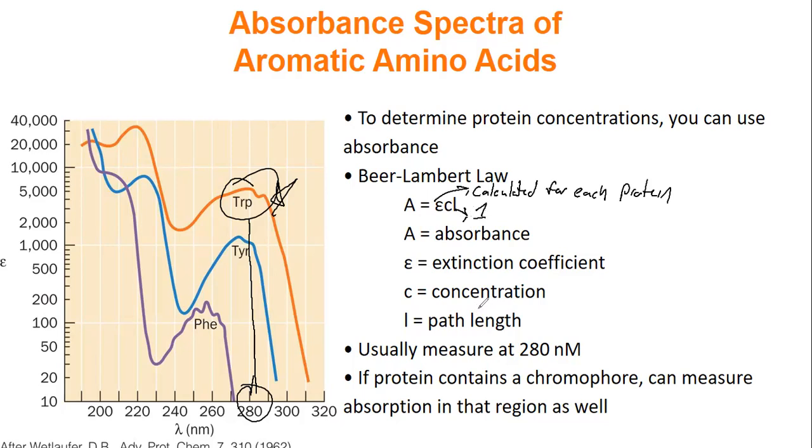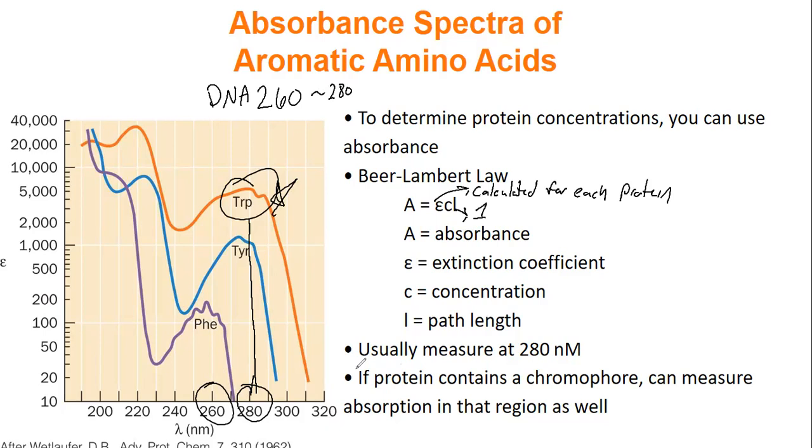Another complication with this method is that DNA absorbs at 260 and can also absorb a little bit at 280. So you have to account for any possible DNA contamination. You usually also measure the absorbance at 260 to see if you have strong contamination of DNA. This last bullet point here: if it has a chromophore, you can measure absorption in that region as well.